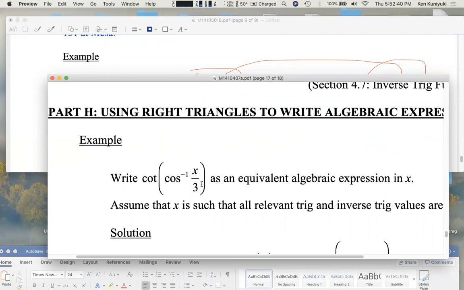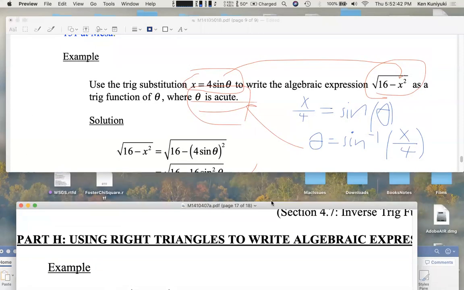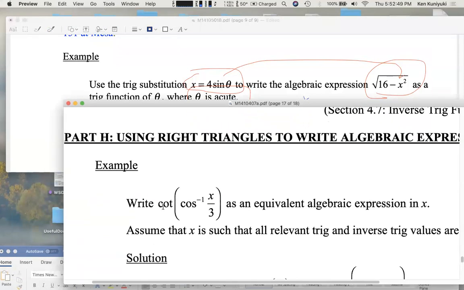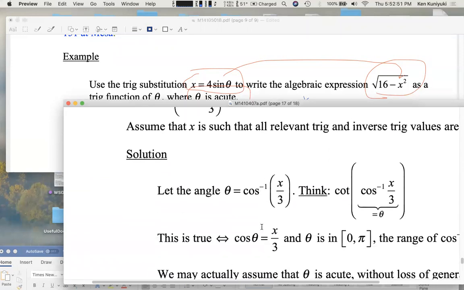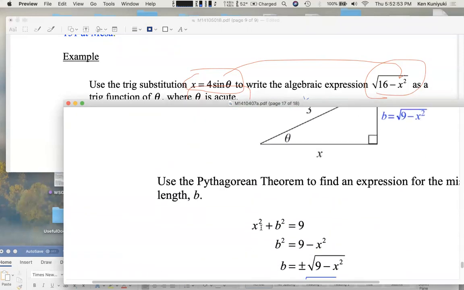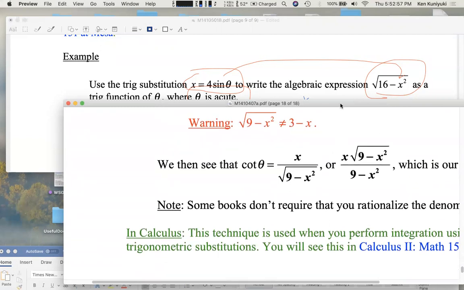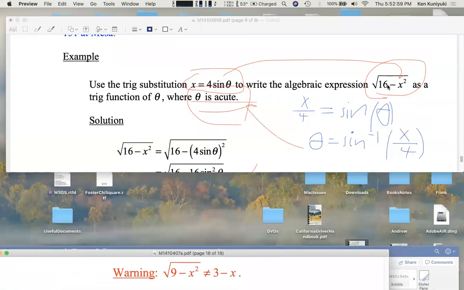Cotangent of inverse cosine of x over 3. That's when you get these kinds of expressions, the cosine or tangent of something like this, and then you can simplify this algebraically using the technique we discussed earlier in 4.7. And you get an algebraic result. Because remember, we started with an algebraic expression. So it all ties together.